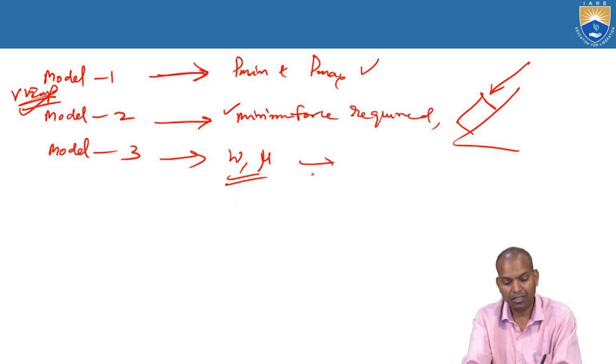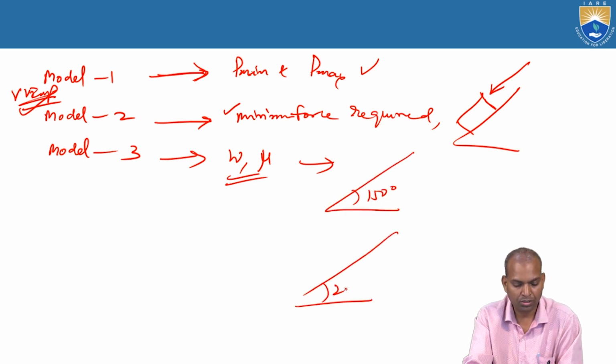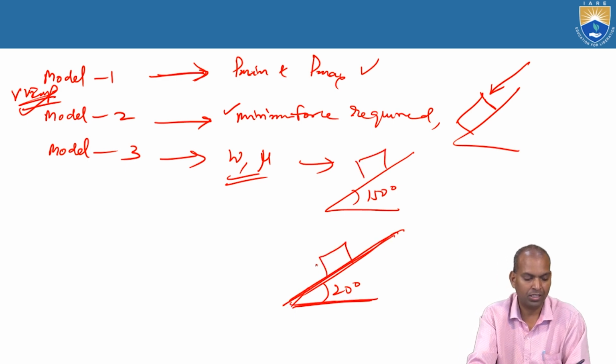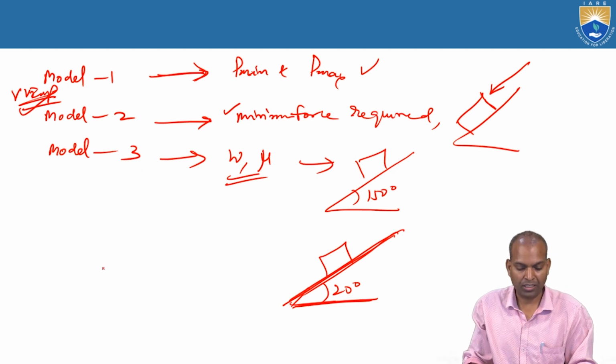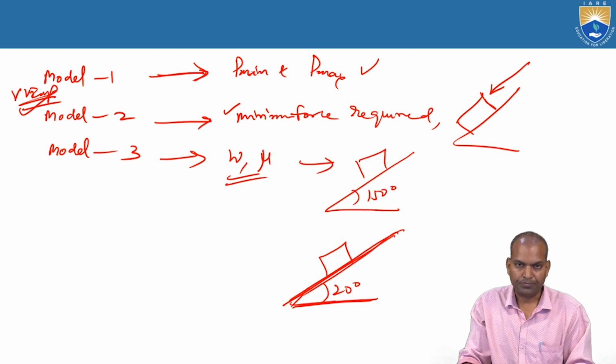There are two angles of inclination: one is 15 degrees and another one is 20 degrees. Okay, there are three models covered, and these are the three important models.